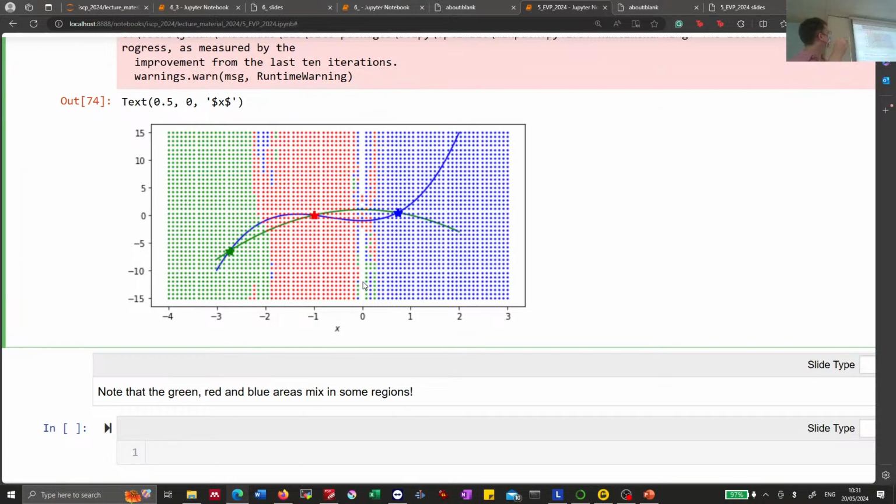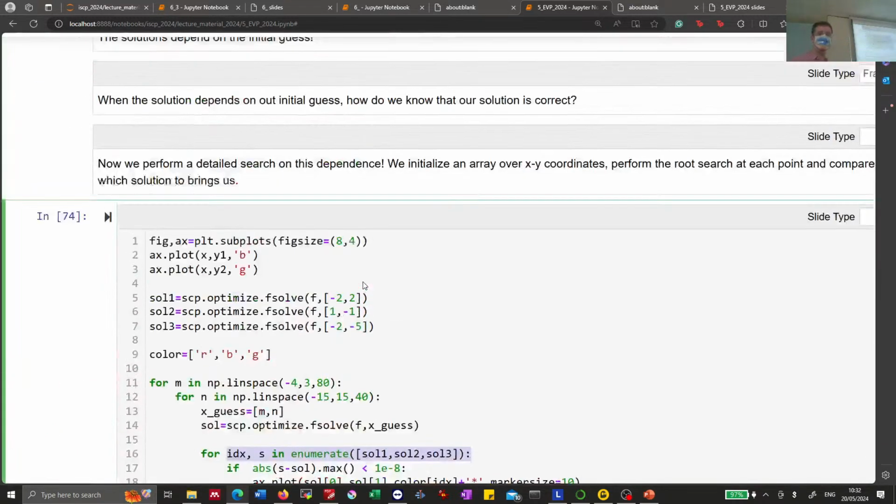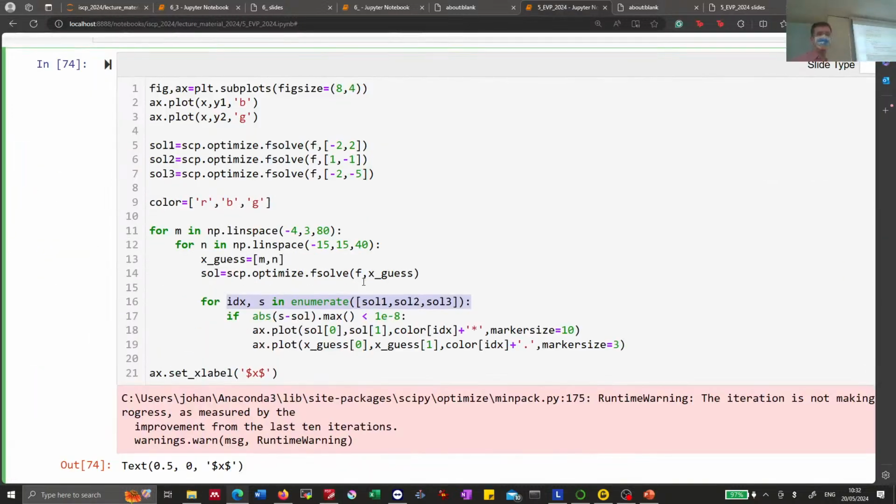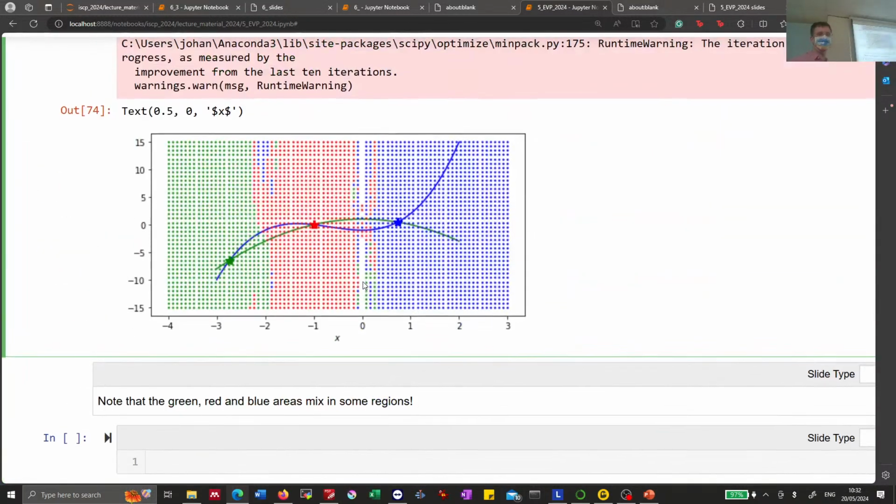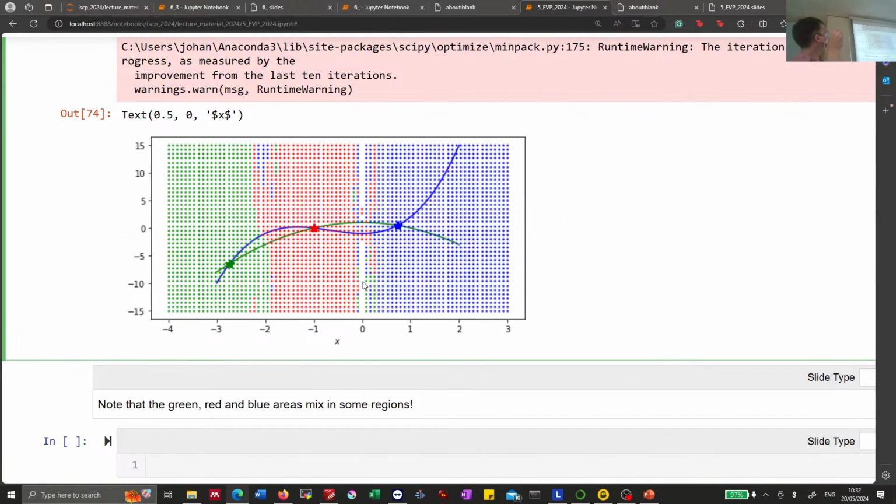So I have my grid of m values from minus 15 to 15 and n values from minus 4 to 3. I pick one point. It's the regular spaced grid, with I think 40 points in one direction, and let me see how much was the other, 80 points in the other direction. So I take this point here, at 15, at minus 4, 15.